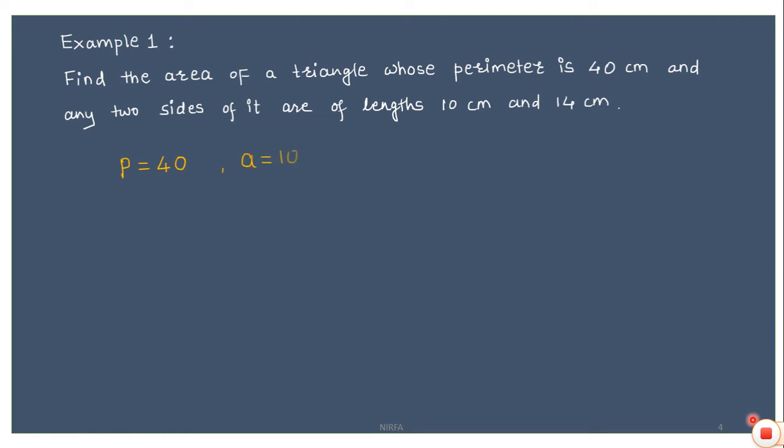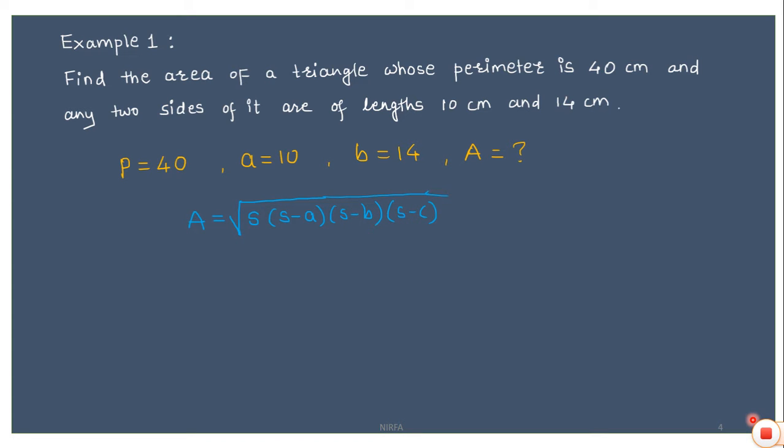Since it is not mentioned whether the given triangle is right angled or not, we can't use the base height formula of area. Then what option should we have? We can think about Heron's formula.